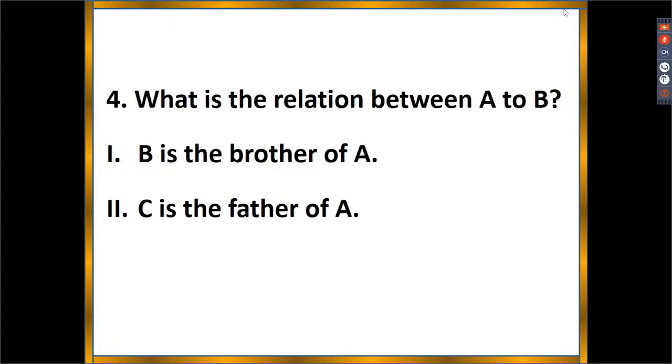Even if you combine both the statements, we can't find the gender of A. C is the father of A means A is the son or daughter. We can't say. So the answer is statements 1 and 2 together is not sufficient because the gender of A is unknown.